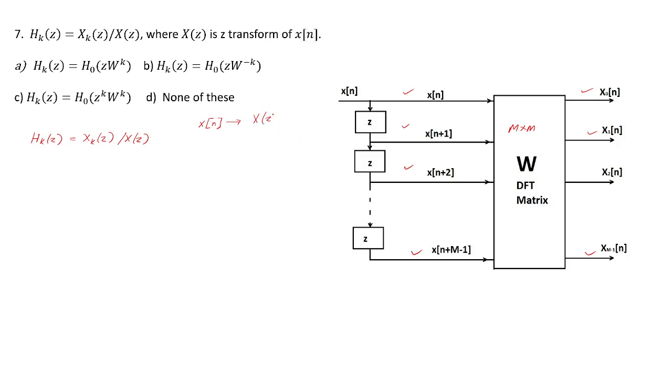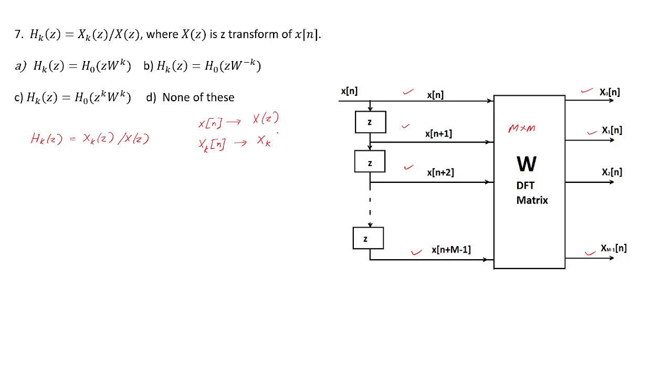This is X(z), and the output at the first branch is x_k[n], which is the output of the kth branch.